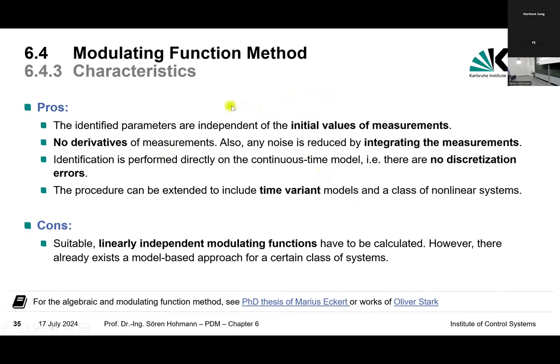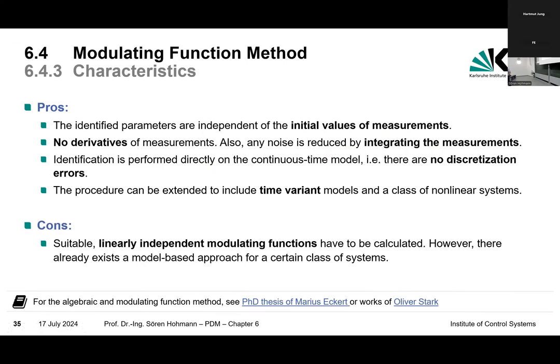Again, the problem is completely independent of the initial values of the measurements. That's important. Second, no derivatives are needed because we reduce noise by integration. There are no discretization issues, so we get continuous time systems directly.